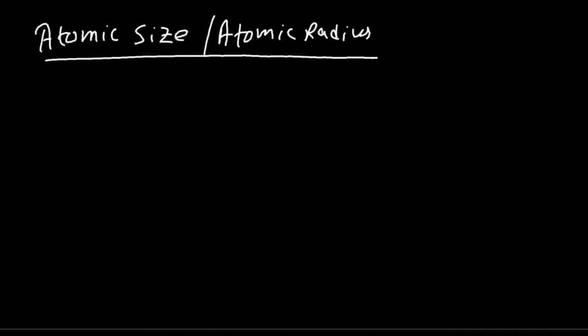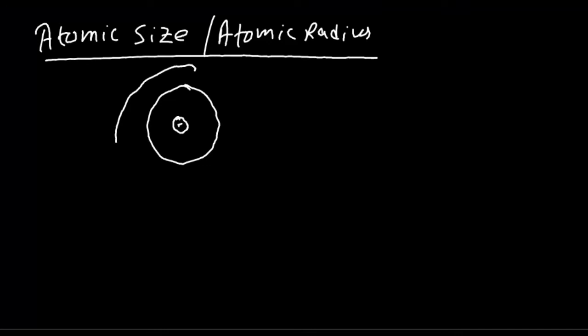That means if you consider an atom, and suppose this is the nucleus, then what will be the atomic radius? It is the distance from the center of the nucleus to the outermost shell of the electron.